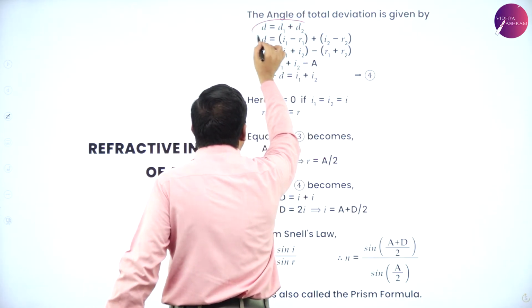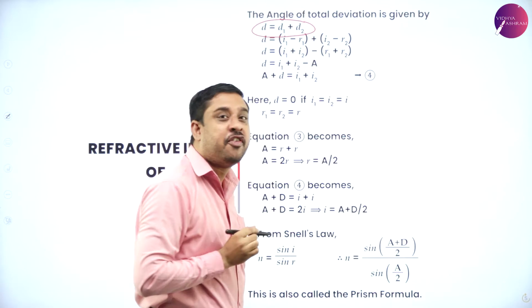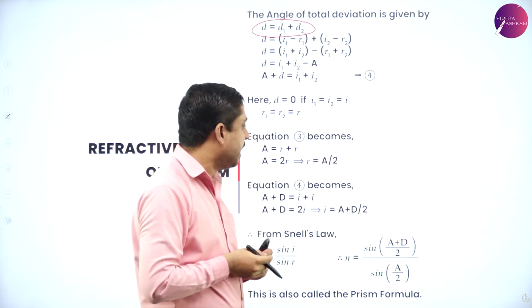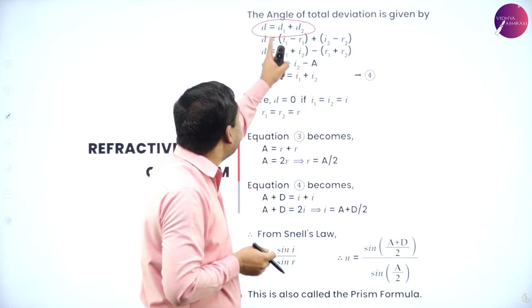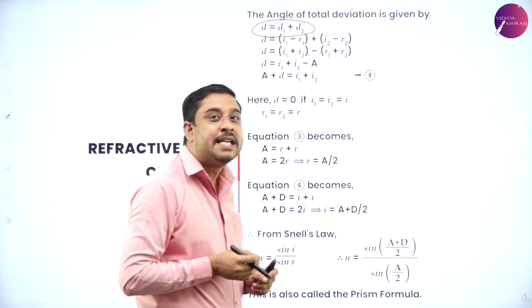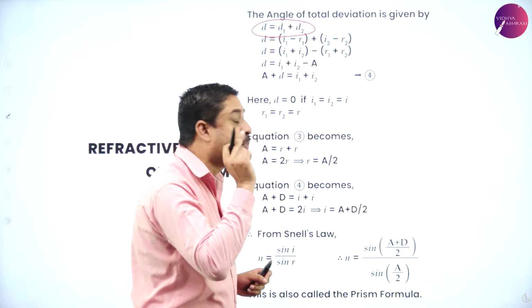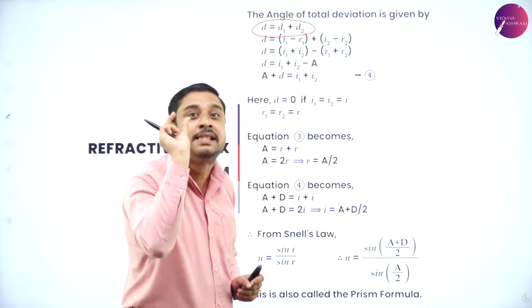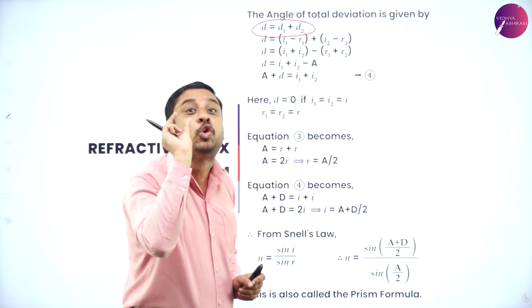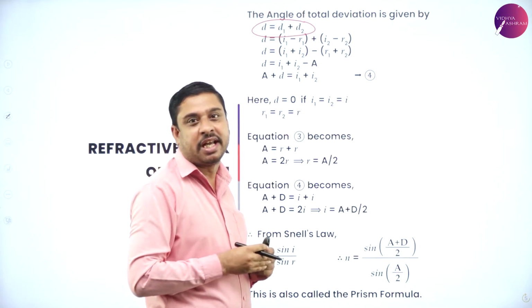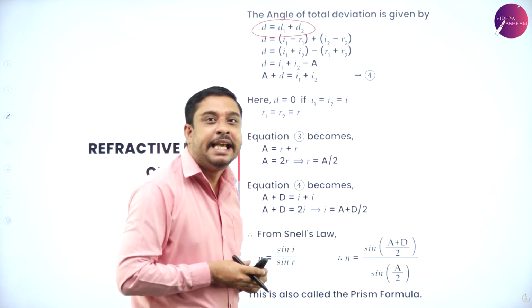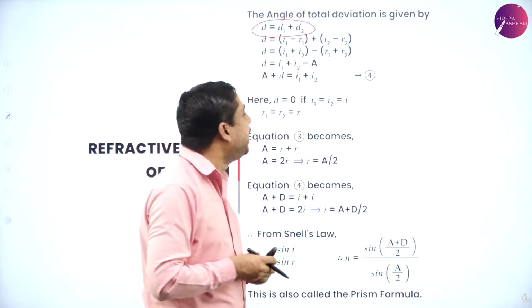Small d is the angle of total deviation, and it is given by D1 plus D2. Please keep in mind, small d represents the angle of total deviation. So small d equals D1 plus D2.